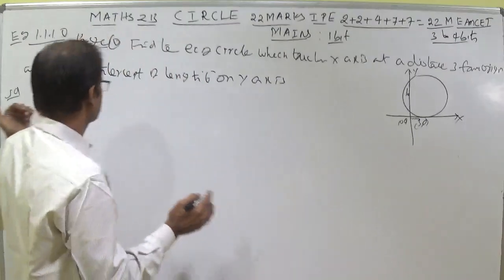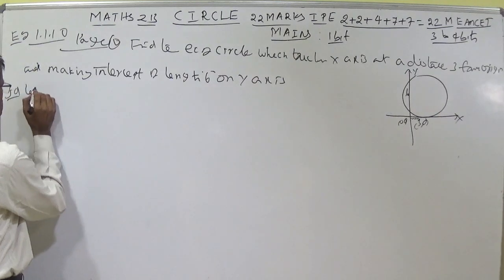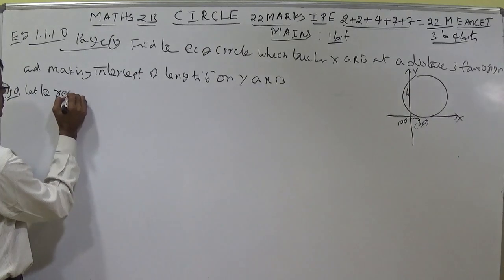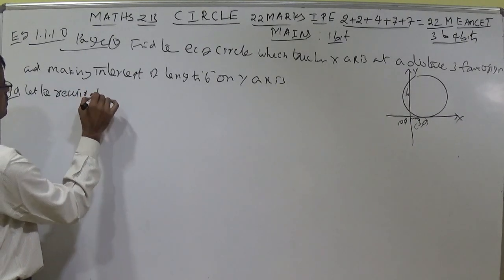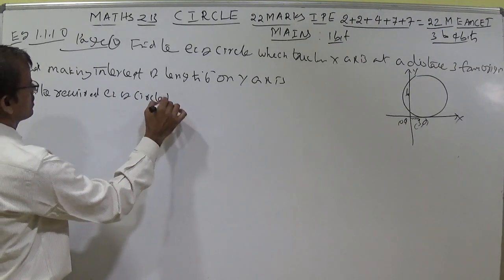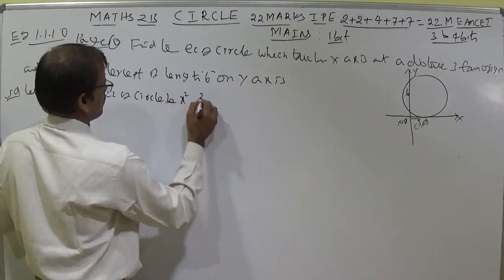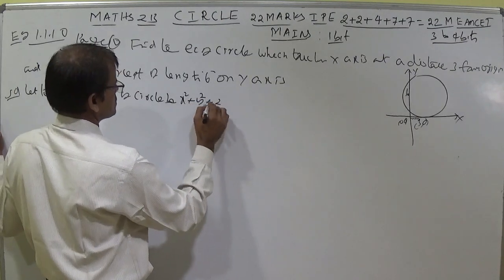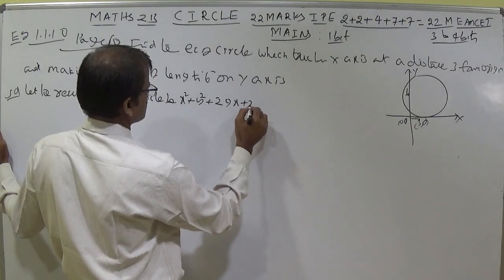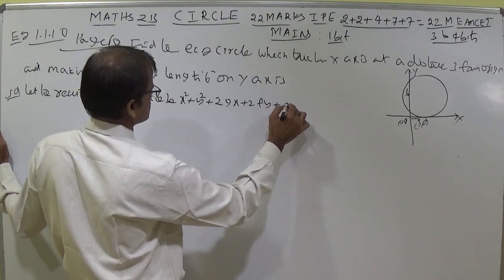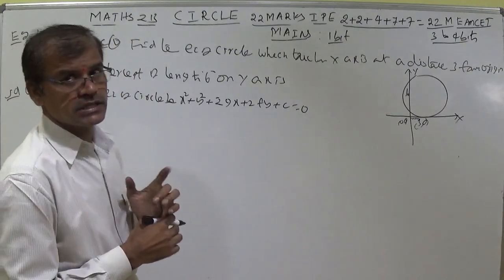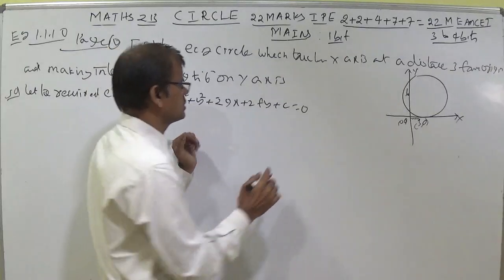In such sums we should first write: let the required equation of circle be x square plus y square plus 2gx plus 2fy plus c equal to 0. Whenever circle touches x-axis, we learnt that g square is equal to c. It is a useful thing.